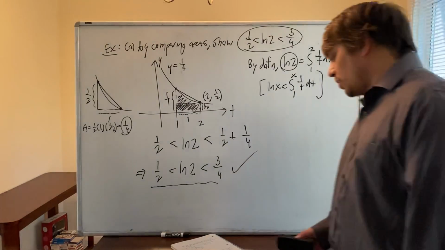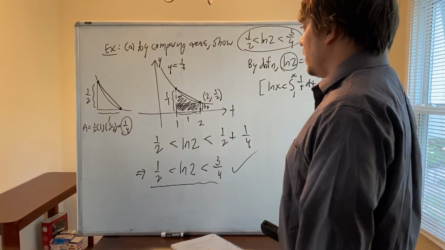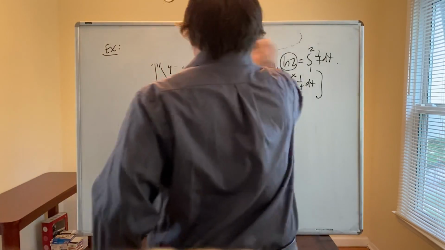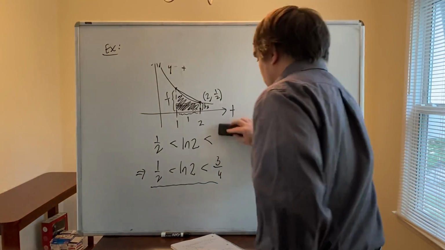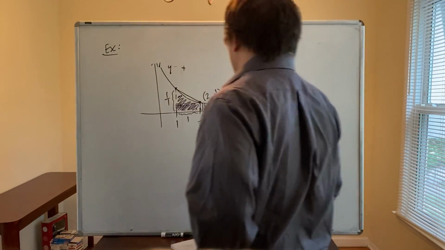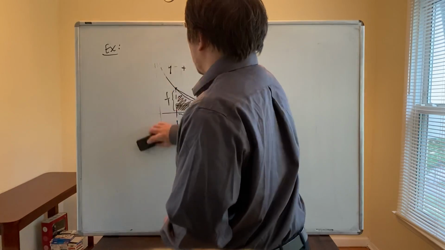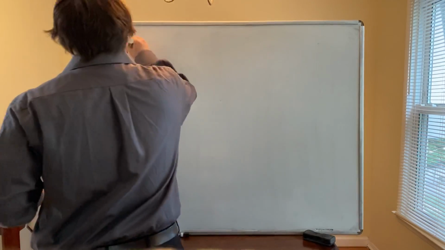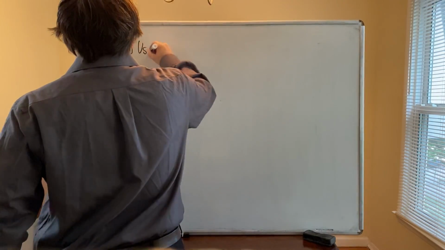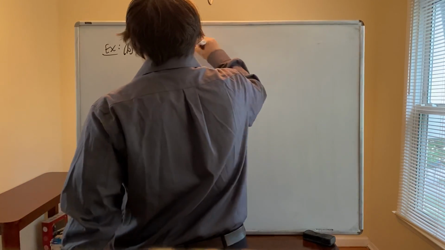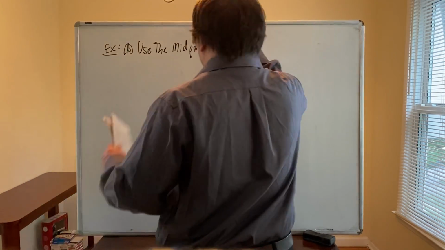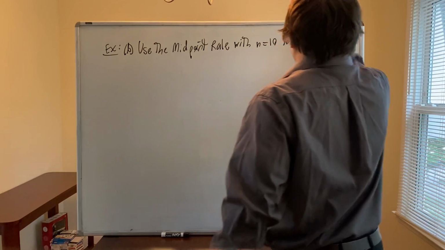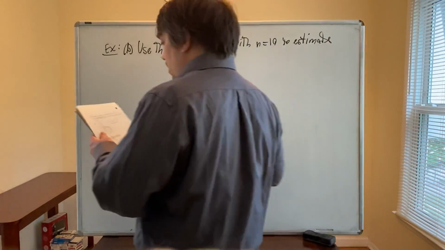Okay, so now let's go to part B. So it's the same example, but part B. Use the midpoint rule with n equals 10 to estimate the value of ln 2.